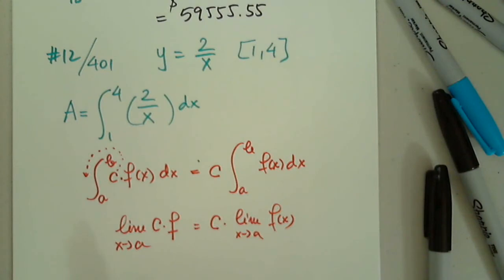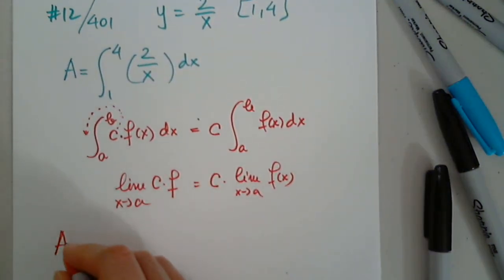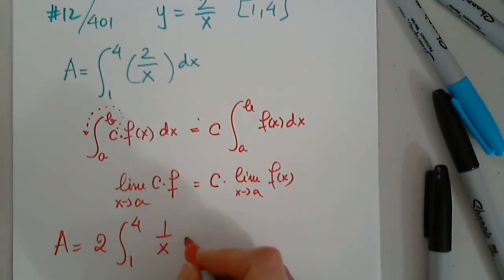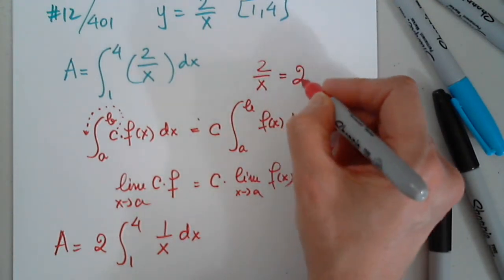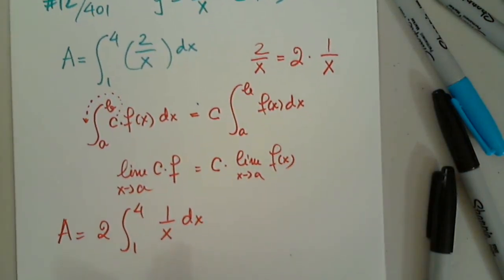Same type of property. So when I start calculating that, I will have 2 times the integral from 1 to 4 of 1 over x dx, because 2 over x is the same as twice 1 over x, and it makes my life easier.